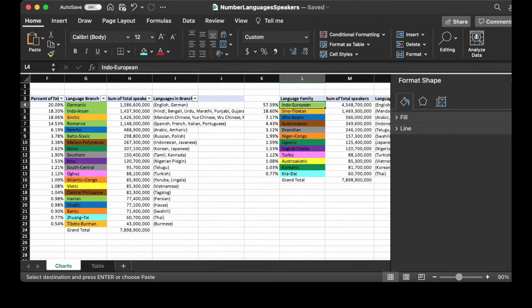And then individual languages, English, German, fit into the Germanic branch. Now again, this is only the top 40 languages, so I imagine you'd put in Dutch, in the Germanic language branch.